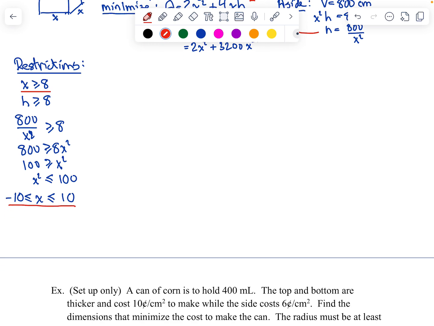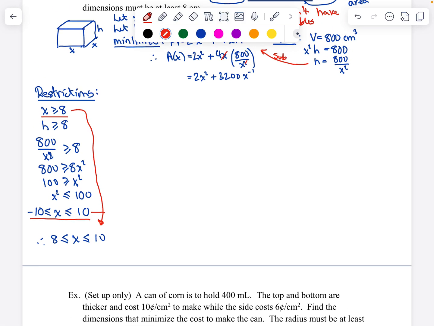So if we combine those two restrictions together, 8 is our lower bound, so 8 is less than or equal to x, and I am not allowed to be bigger than 10. So we must be somewhere between 8 and 10. So there's our upper and our lower bound.